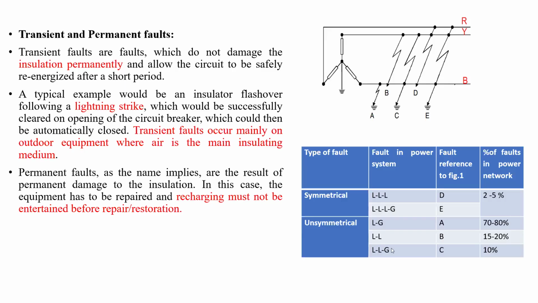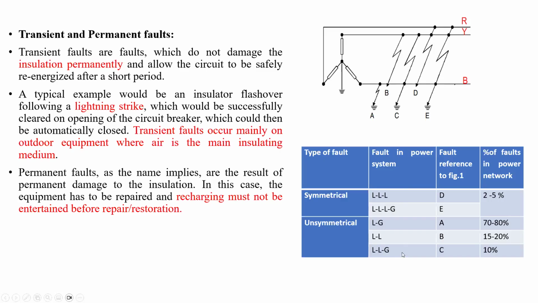As per the data available from different countries over a period of the last 15 to 20 years, or the last 50 years if we assume that, these are the chances of symmetrical faults as well as unsymmetrical faults.